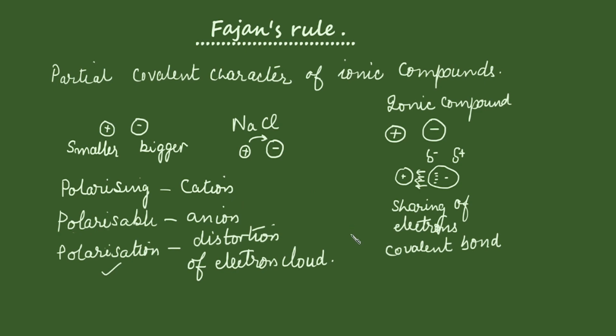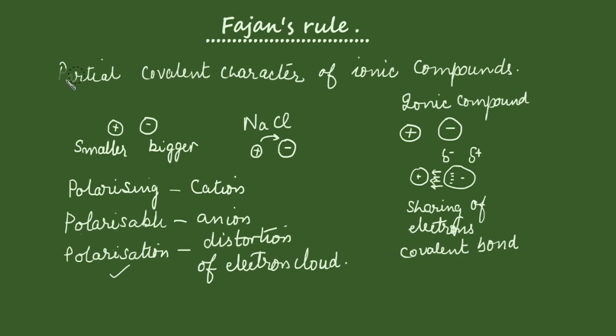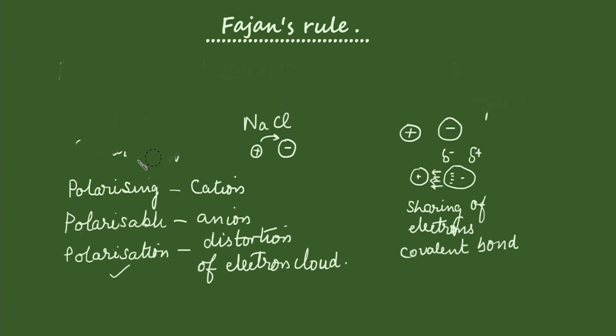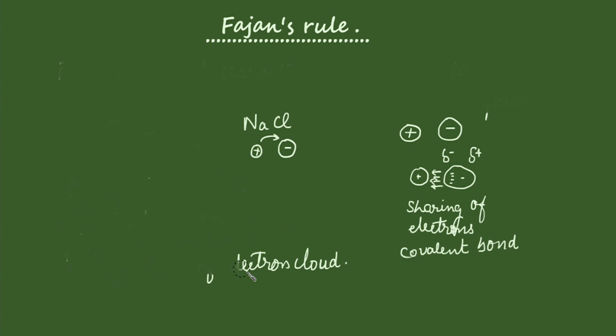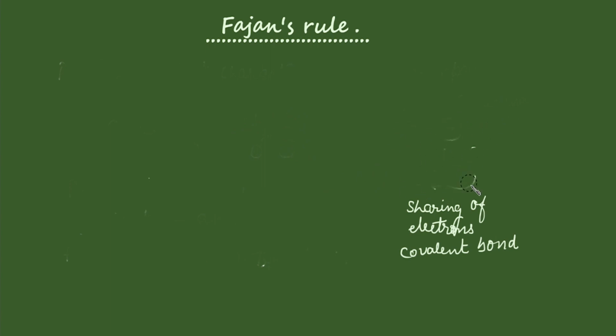Coming back to our topic in this video, Fajan's rule discusses the conditions or the factors which decide the extent of polarization or covalent character of the ionic compound. Three rules are discussed in your textbook. We will just see that. First one, size of the cation and the anion.